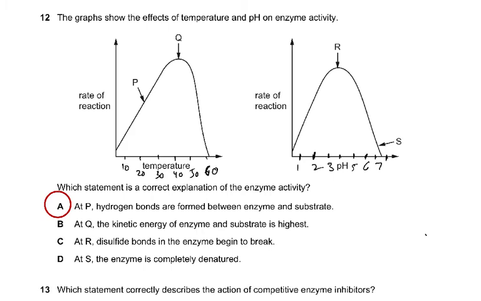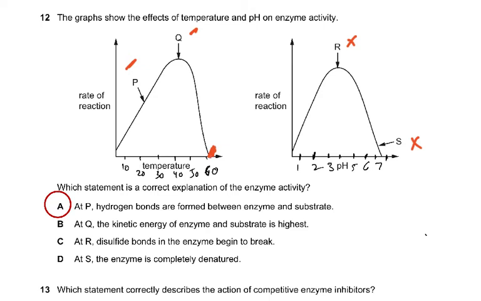Looking at question 12, it says the graph shows the effects of temperature and pH on enzyme activity. As you can see, the rate of reaction, and then we have P, and then Q, and then R here, and then S here. What you don't see is that the temperature is increasing, so I've given 10, 20, 30, 40, 50, 60.